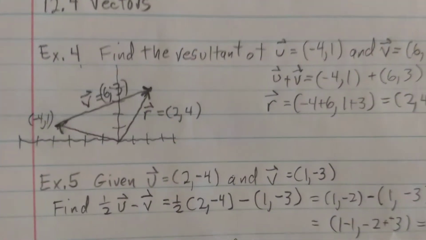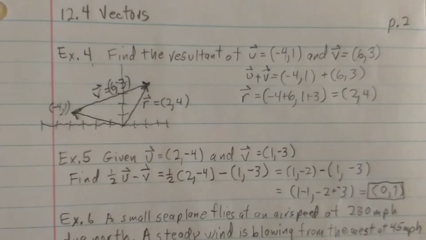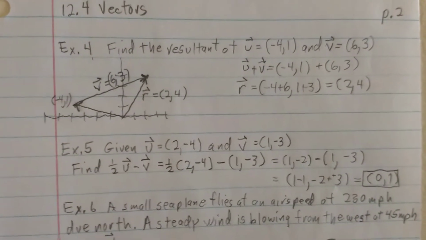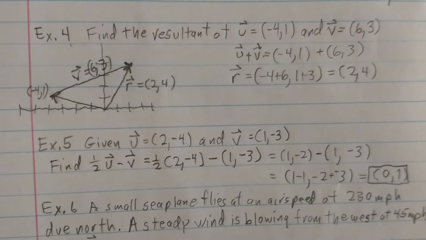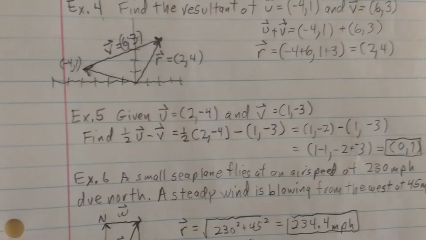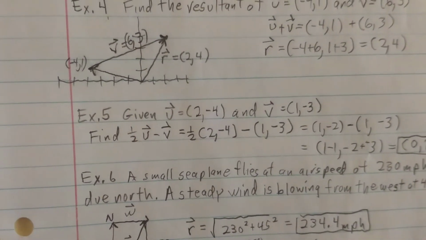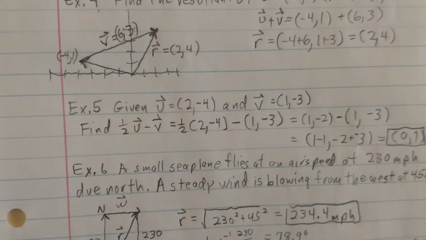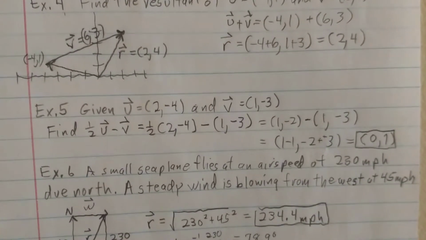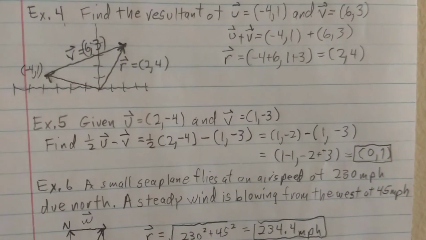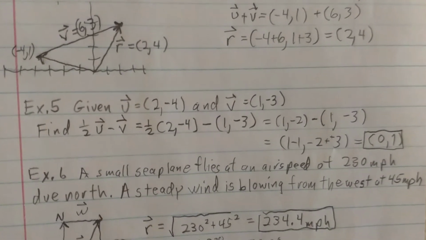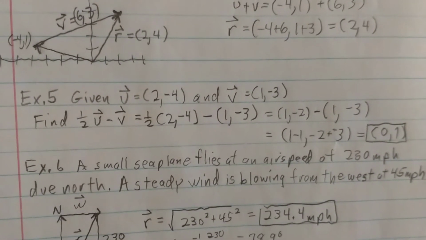On example 4, it says to find the resultant of vector u, which is negative 4, 1, which I show on my picture as starting at the origin, going left 4 and up 1, and then plus v, which from there is going 6 right and up 3.